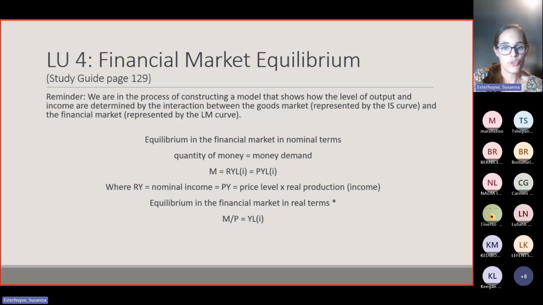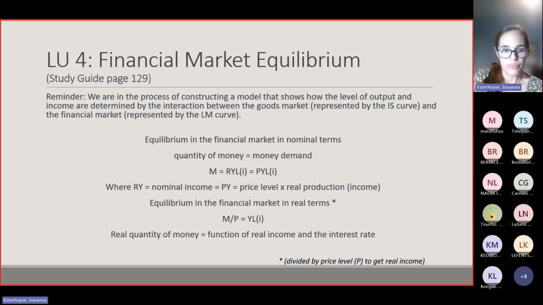And now to move towards real terms, you divide by the price level. So if you take M equals PY L(i), which means the quantity of money is a function of the nominal income and the interest rate, to get this to the real equilibrium level, you divide on both sides by your price level.